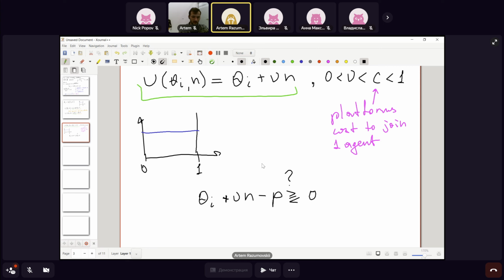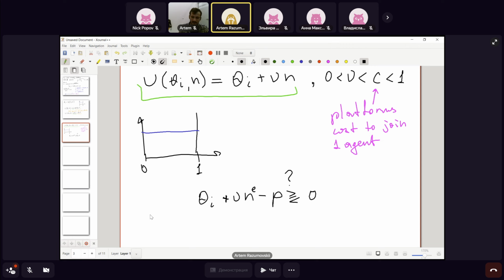You remember that we are deciding whether to join the platform or not, and what we cannot observe is N. Yes, so then here they're supposed to put an expectation, right?